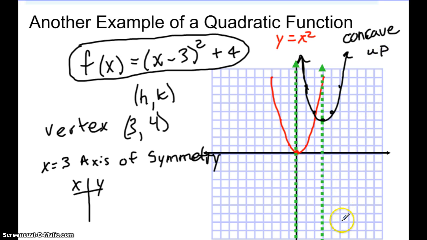And again, you probably figured out that if you had a graph something like this, it'd be called concave down. I wanted to add those two in here for our future NAGS on these quadratics.